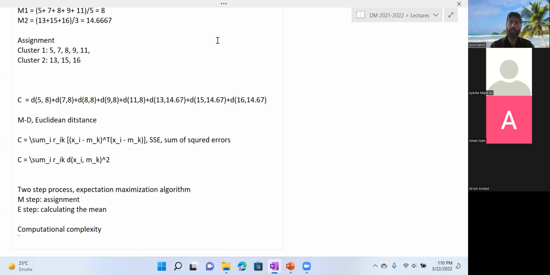How many clusters do we have? K clusters. So you have to do k comparisons for each object over t iterations, which basically gives you O(nkt) as the time complexity. N objects, k clusters, and t iterations.